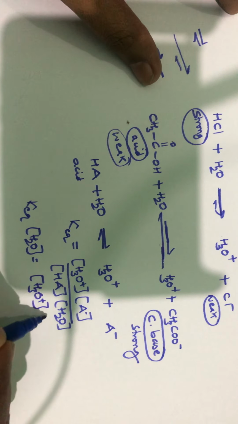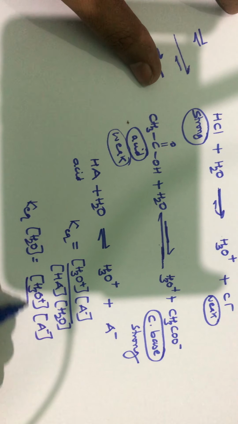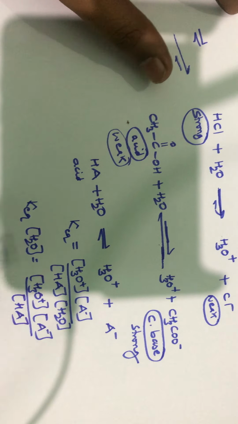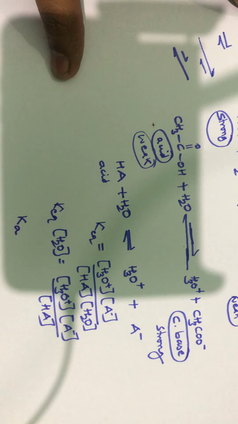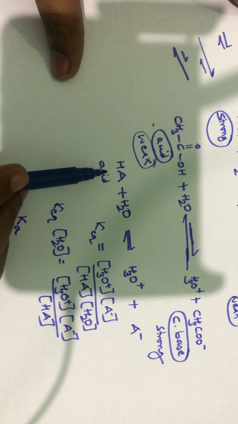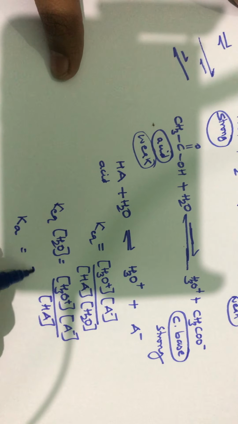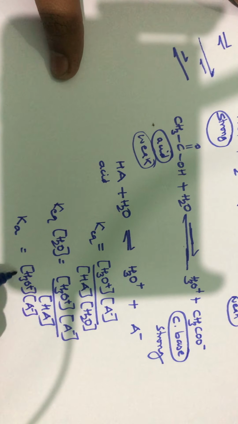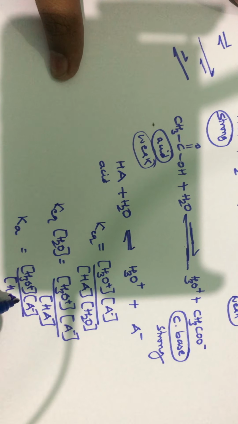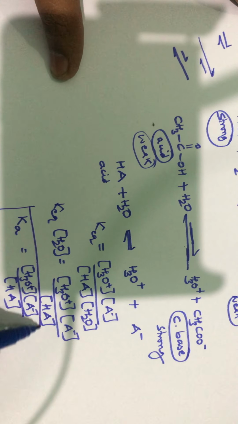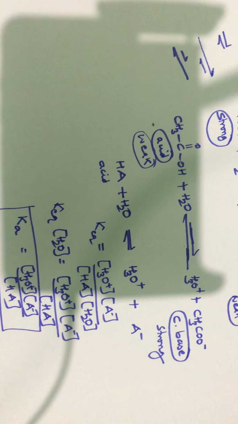So it is H3O plus into A minus divided by HA. The brackets indicate concentration. K equilibrium is constant, the concentration of water remains constant, and constant into constant is another constant. It is called Ka, where A indicates acid because I have taken an acid. So it is H3O plus into A minus divided by HA. This is called the equilibrium constant for an acid.